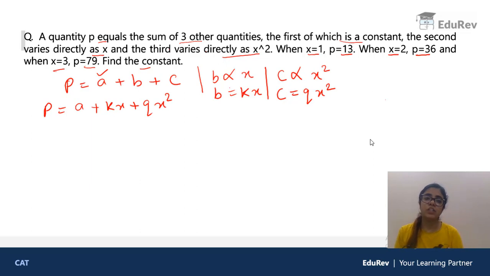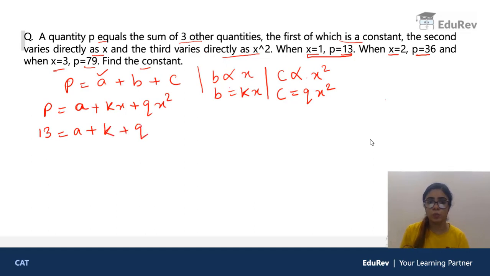The final question is, what is the value of A? What is the value of the constant? Now let's try and substitute the values. The first set of values are, when x is 1, P is 13. So 13 is equal to A, x is 1, so this will be K plus Q. This is your first equation. When x is 2, P is 36.